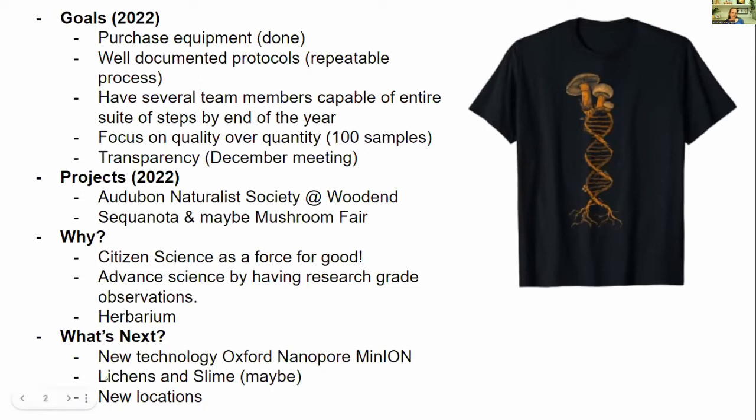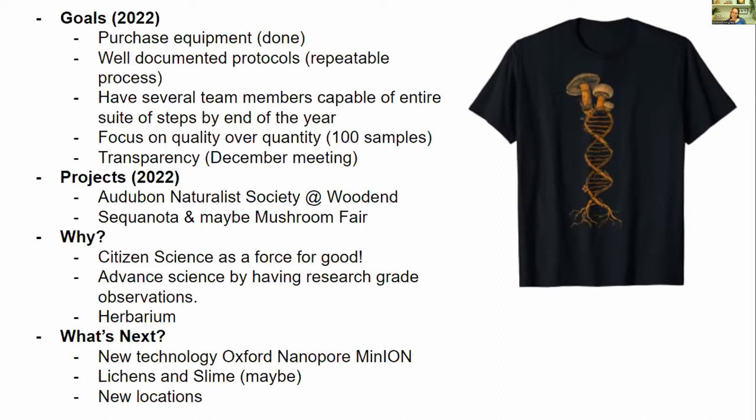I am big time into lichens, so I cannot wait to add lichens and potentially slime molds to the list of things that we're going to be doing DNA sequencing on. Lichens, though, that opens up a whole new can of worms. It's a little bit different processing wise.